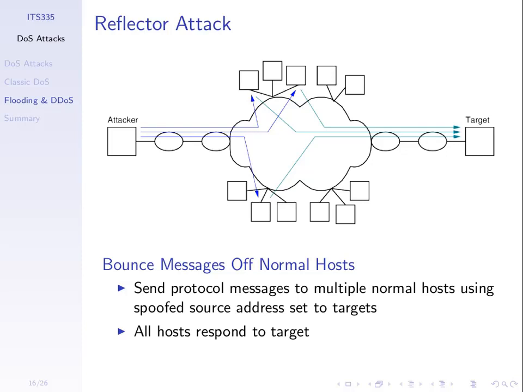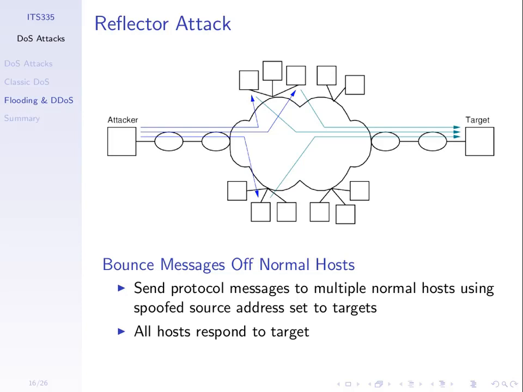So this computer receives an echo request, source is the target, therefore I should send the reply to the target. All the other computers receive echo requests, and they all have as the source address in those requests the target's IP address, so they all send to the target. So we bounce the messages off the normal computers.